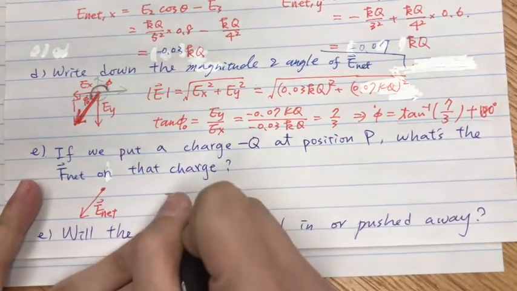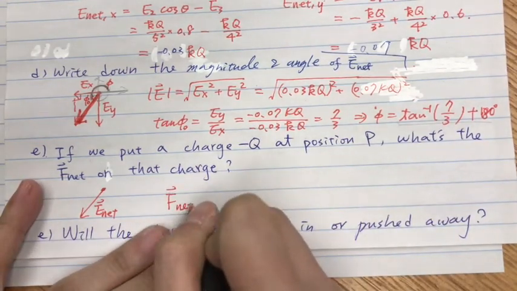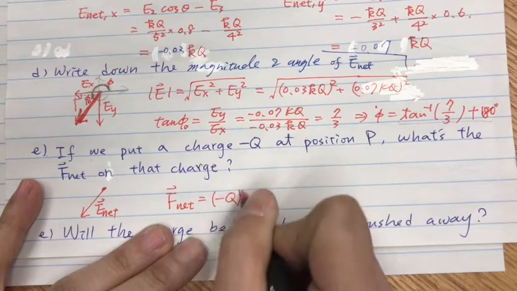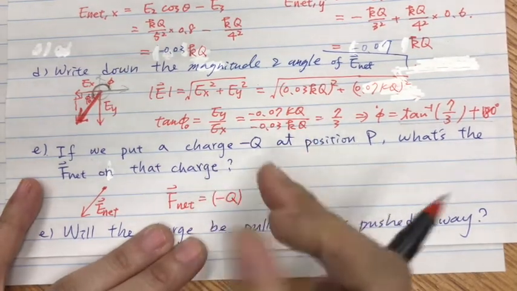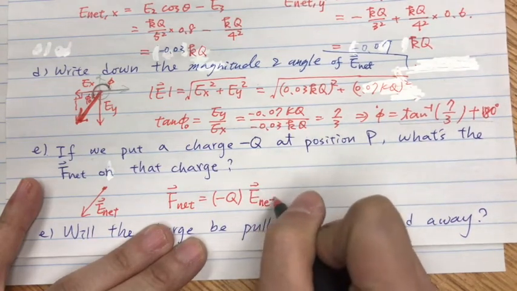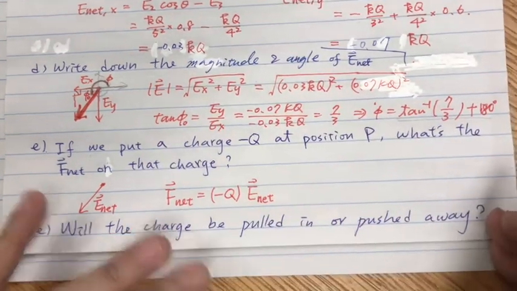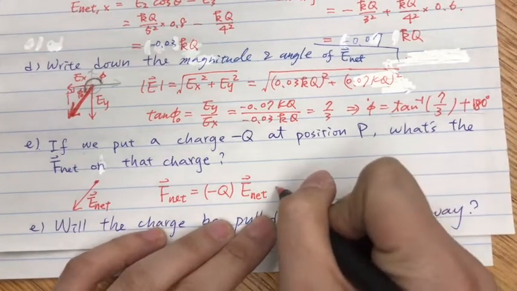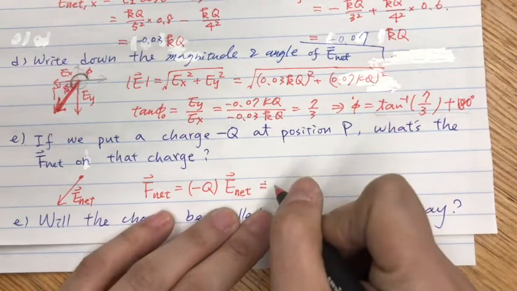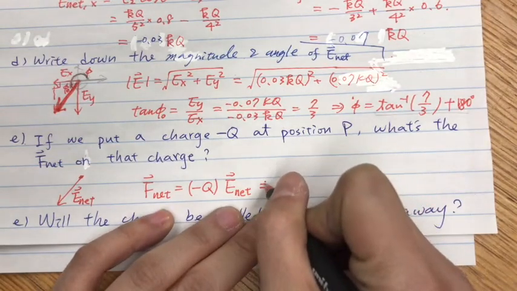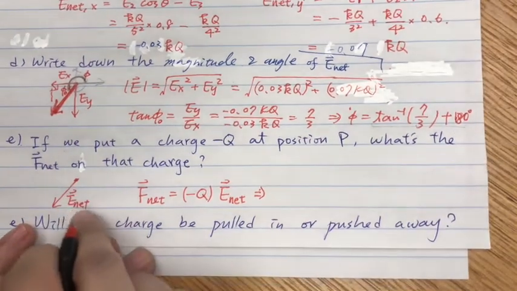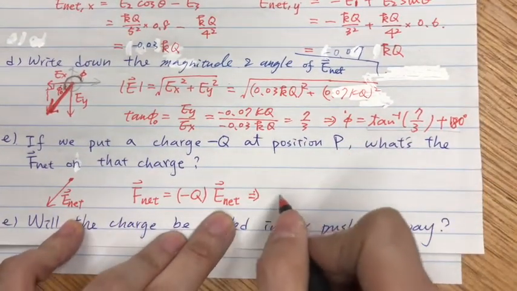Now what's the force on it? The net force is the charge, whatever charge I put in, feeling the field from the other charges. And again, this one has an x component and a y component because E is a vector in two dimensions.